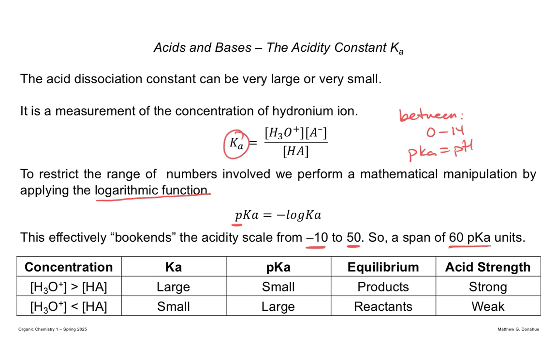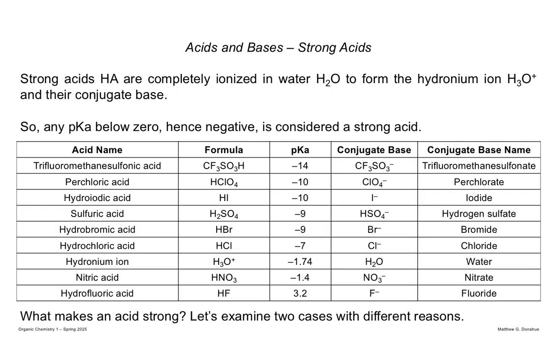Next, we'll look at these strongly ionizing acids, and then see where we can make a cut in that scale from negative 10 to 50, define what's strong and what's weak, and then dig down into the weak acids. Remember that water is a leveling solvent. So when you take water plus a strong acid, you're always getting hydronium.